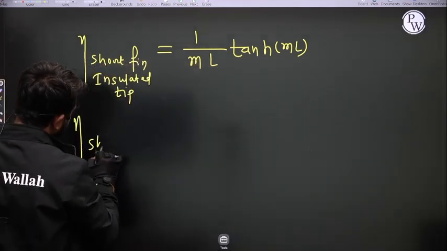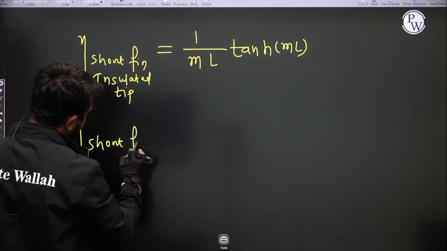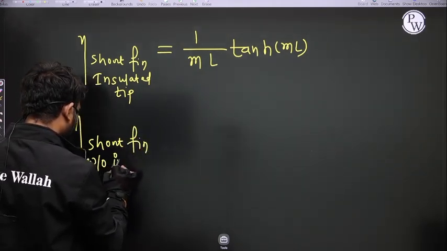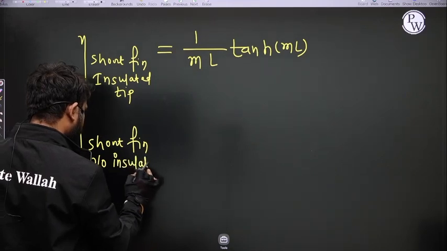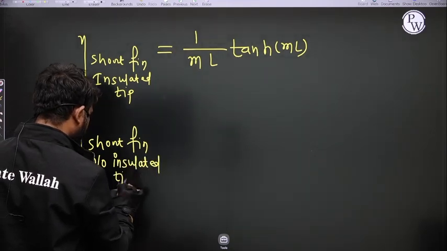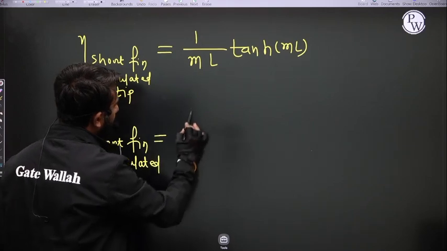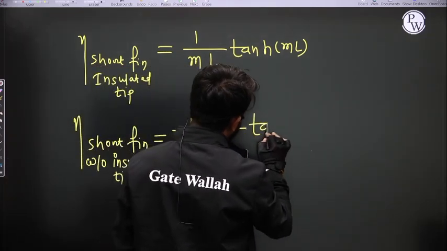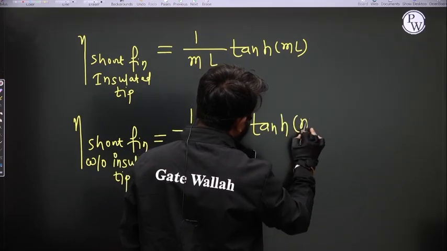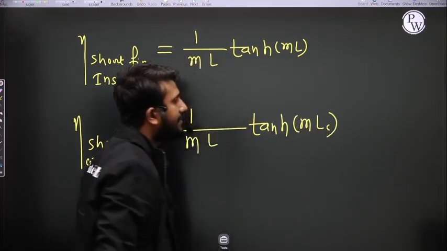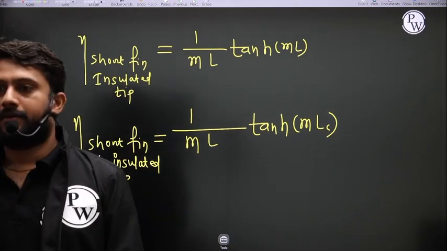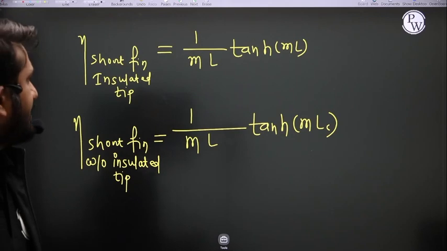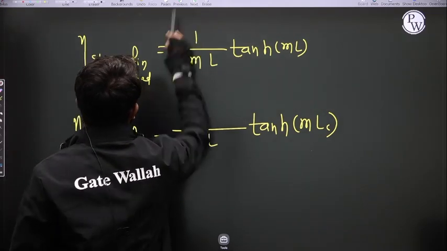If there is a short fin without insulated tip, then that is 1 upon mL tanh mLc. Okay, is it clear? So this is the first fin performance parameter, which is the efficiency.